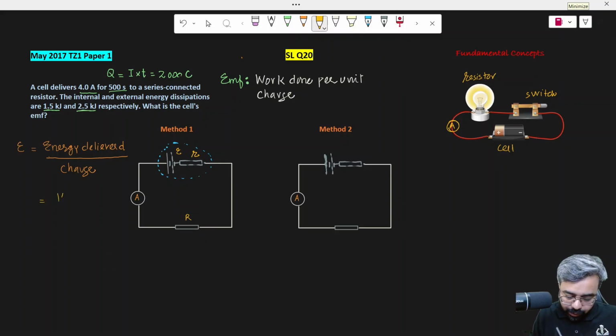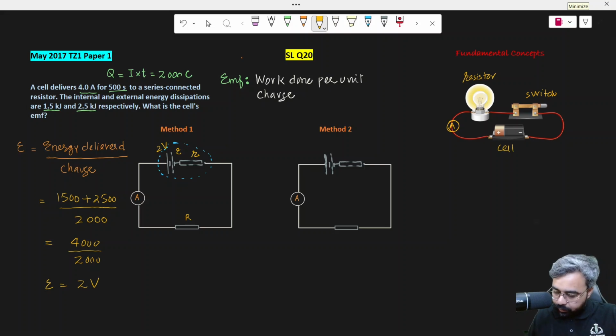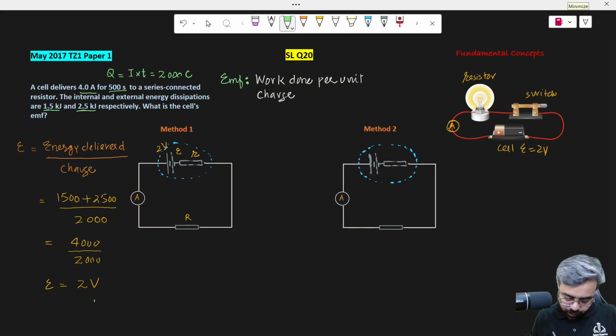So that is 1500 plus 2500 divided by 2000 coulomb, which is 4000 divided by 2000, equal to 2 volts. So this is the EMF of this cell, and option D is the right answer, which says it is 2 volt.